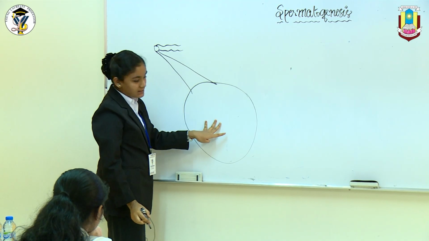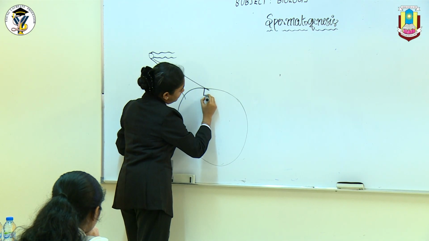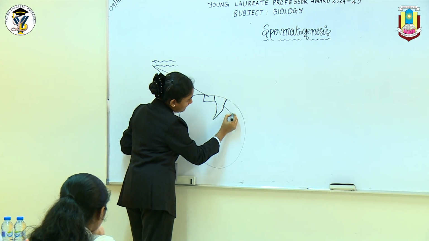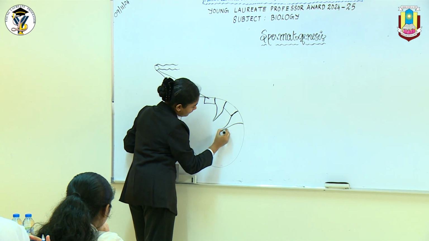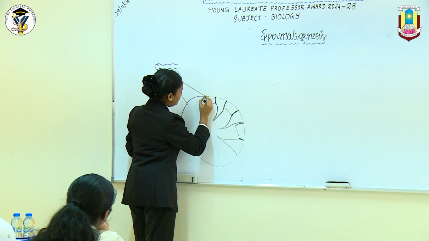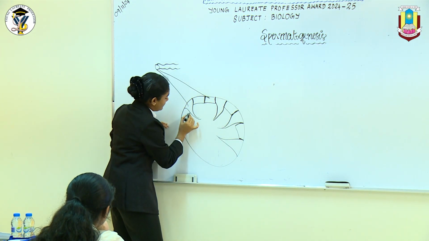So here, the seminiferous tubules, the germinal epithelium, consists of mainly two types of cells. Do you know the names of these two cells? Leydig cells and... it's not Leydig cells.